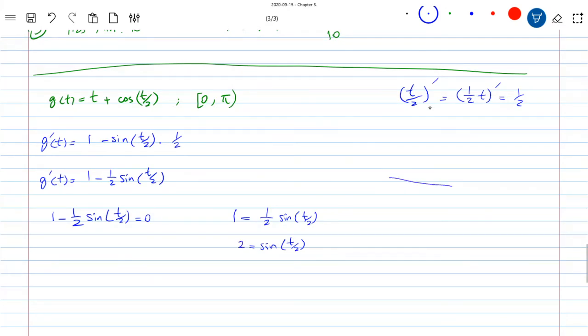If you remember on the unit circle, sine is the corresponding y value. The y value ranges from 1 to -1. You will never have a y value of 2. There is no corresponding y value that gives you sine to be 2. This has no solution. What does it mean? It means no critical number.